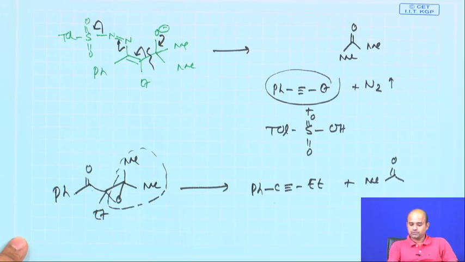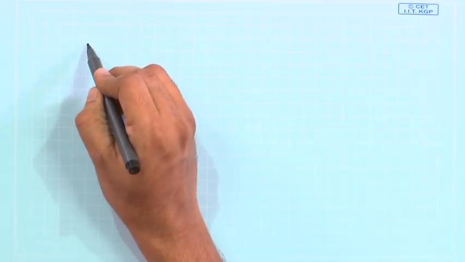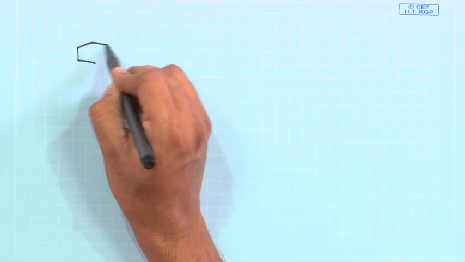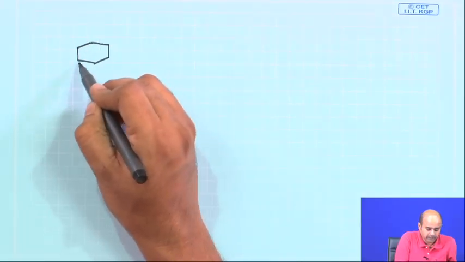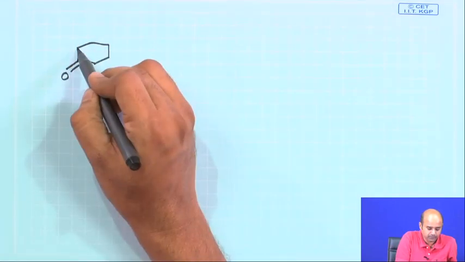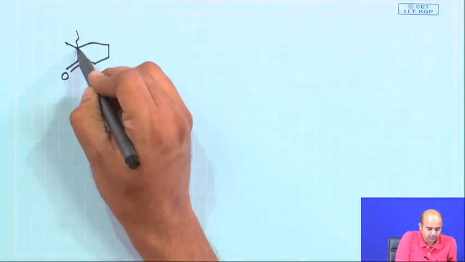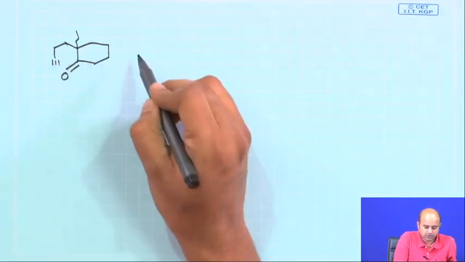Now, coming to the present context, we have to see what is the target molecule and what was the main thing. Now, see the target molecule. The target molecule I am again drawing for you. The target molecule is basically a cyclohexanone based compound, this one.